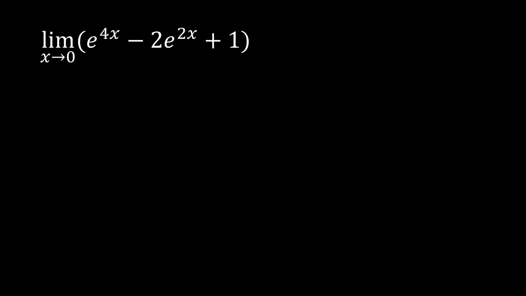We have the limit of e to the power of 4x minus 2 times e to the power of 2x plus 1 as x approaches 0. So again, we don't have a problem with this one, so all we have to do is simply plug in our approach value to x. We have e to the power of 4 times 0, minus 2 times e to the power of 2 times 0, plus 1.